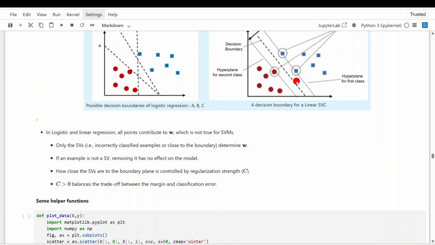But if the margin is narrower, misclassification will be low. So the regularization parameter C makes a balance between maximizing the margin and minimizing the classification error.